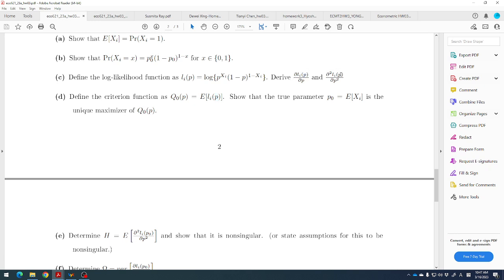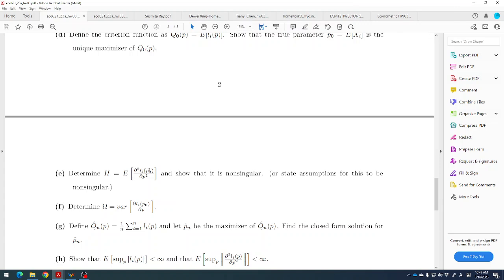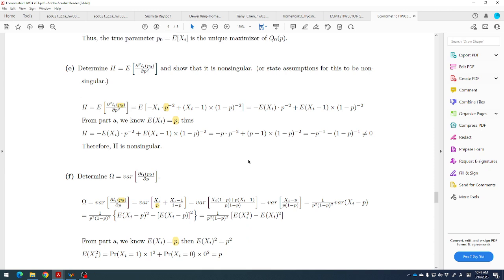Above, P was a variable, but now I fixed it at P0, so the notation should change. Like P0, this is correct, but this is incorrect. And we know the expectation is P0, not P. So P is variable, but P0 is the correct thing.